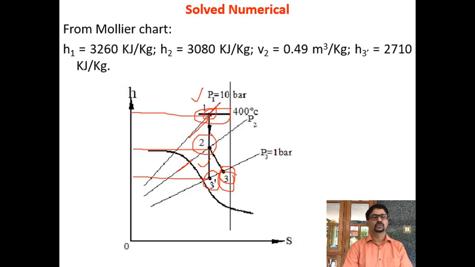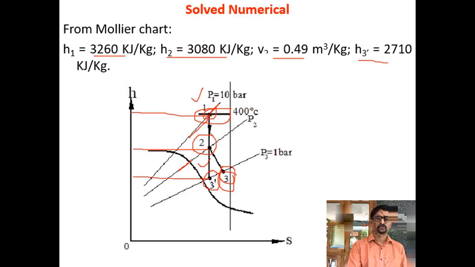Now H1 is 3260 from the Mollier chart, H2 is 3080, specific volume at point 2, that also you can note down, 0.49 meter cube per kg. H3 dash is 2710 kilojoules per kg. Please note this is H3 dash, the enthalpy at the end of isentropic expansion, not the point 3 of actual expansion.